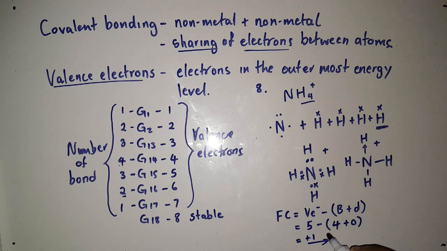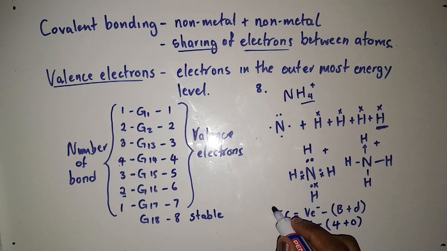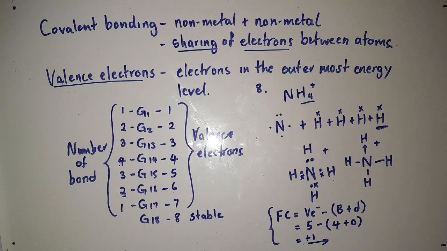You see, this plus 1 is this one. But there is no need for us to know this. I just wanted to show you where this plus 1 comes from. Then just like this, we have managed to complete the entire concept of covalent bonding. And I thank you and enjoy, fellow.